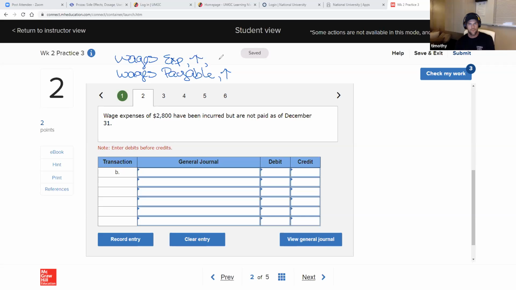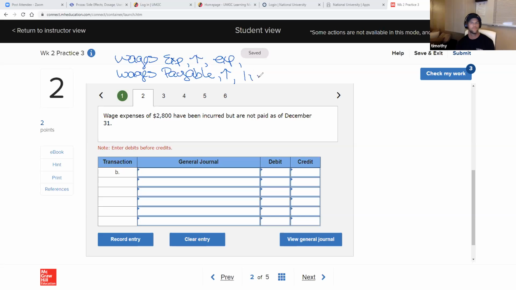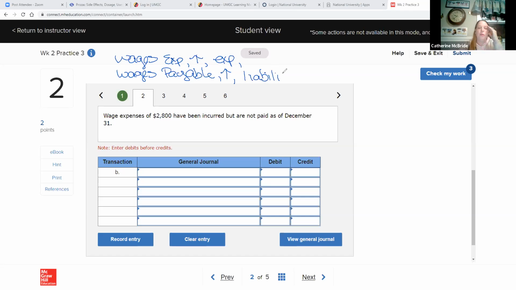What type of account is wages expense? Expense, debit. What type of account is wages payable? Liabilities. So if I increase an expense, do I debit it or credit it? You already said debit, you're correct. If I increase a liability, do I debit it or credit it? Credit.